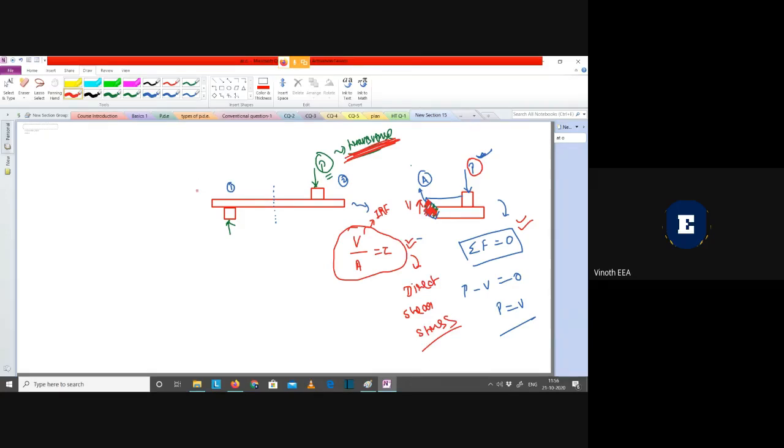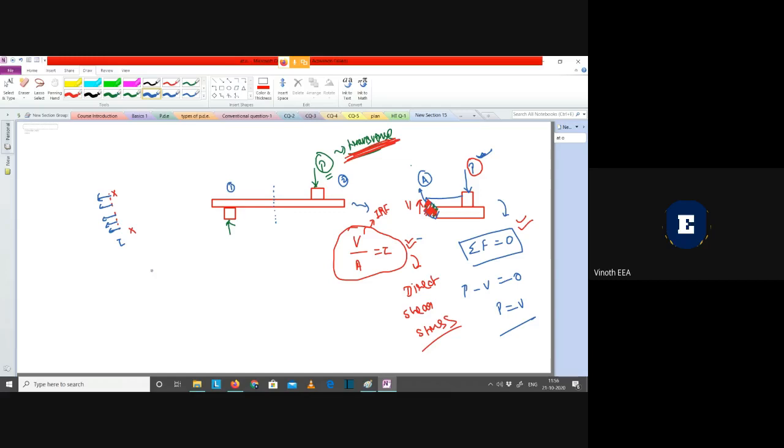One thing which I wanted to say: if you take any cross section, let the cross section be XX, the shear stress is not going to be the same everywhere. What we actually assumed here is that the load remains the same everywhere, so shear stress is also the same.